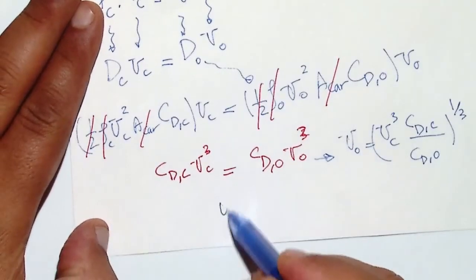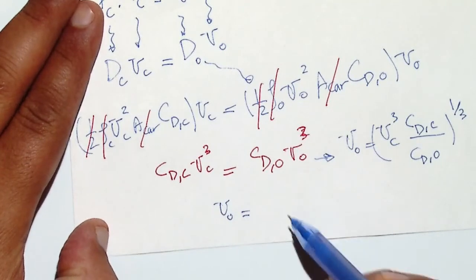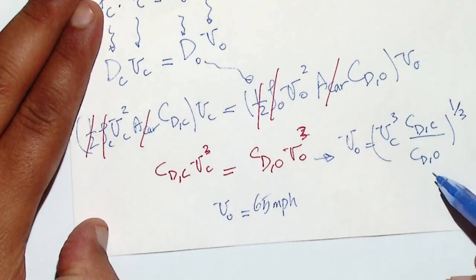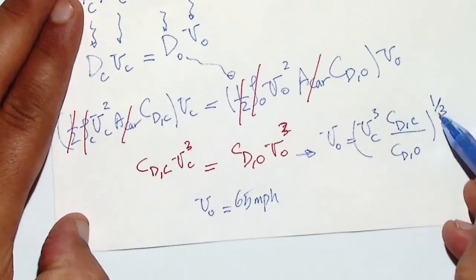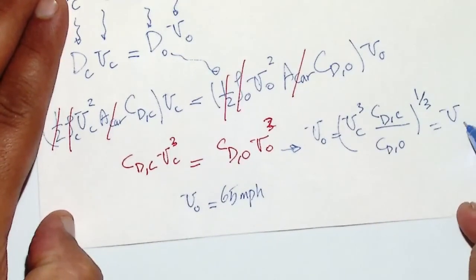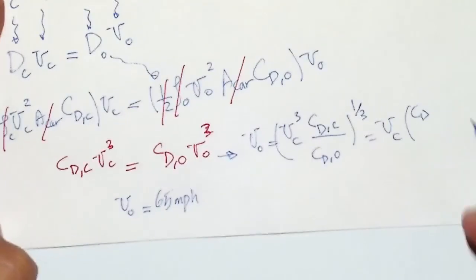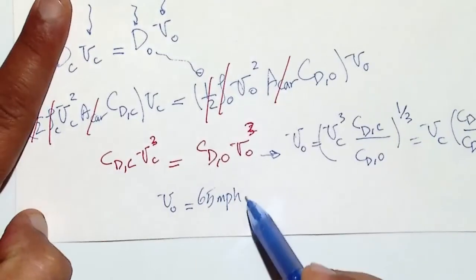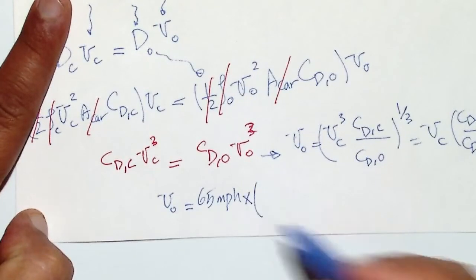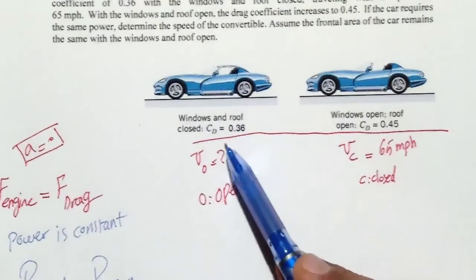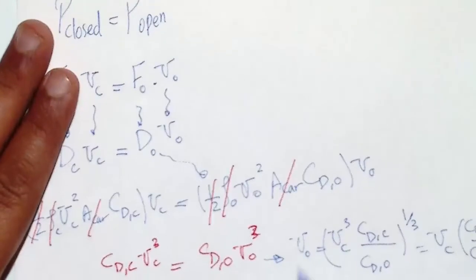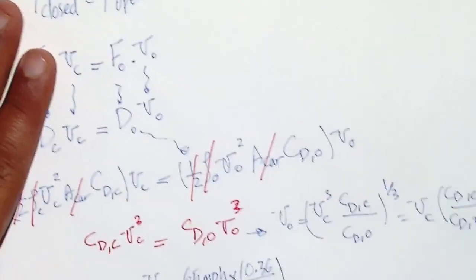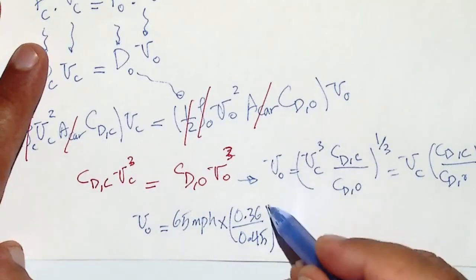Then U of the open equals U of the closed, 65 miles per hour, times CD of the closed one, which is 0.36, over 0.45, which is the drag coefficient in the open one, to the power of 1 over 3.